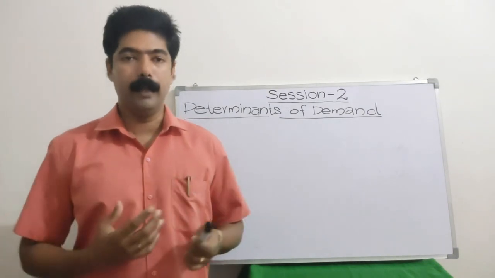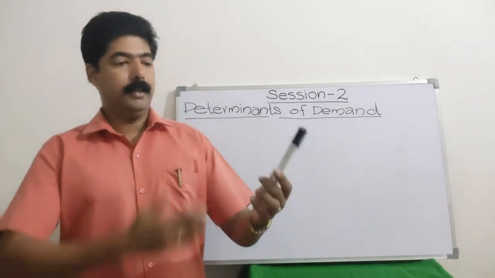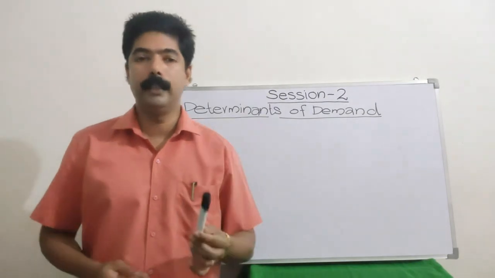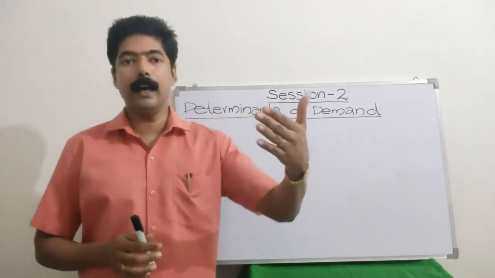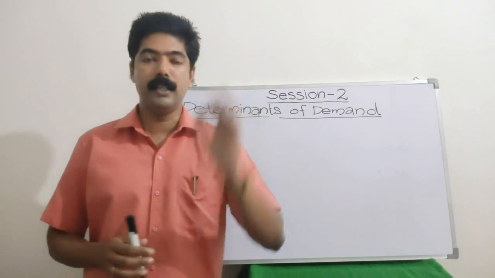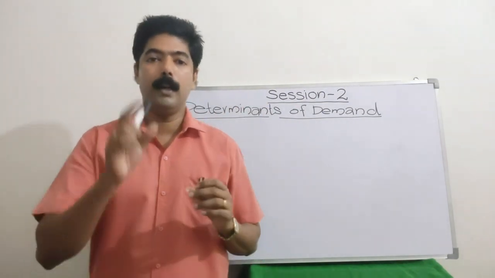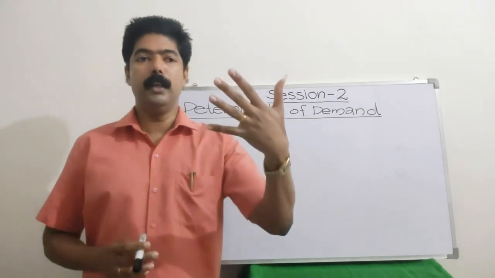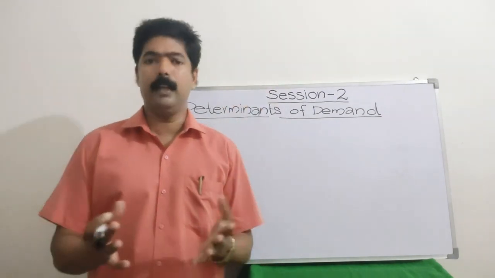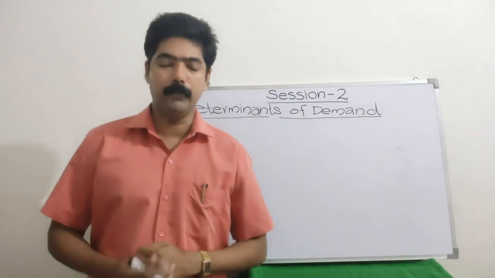What is my income level, or whether I am able to bear the price of this product. So these are the factors which influence an individual to purchase a commodity. Those influential factors we term determinants of demand.